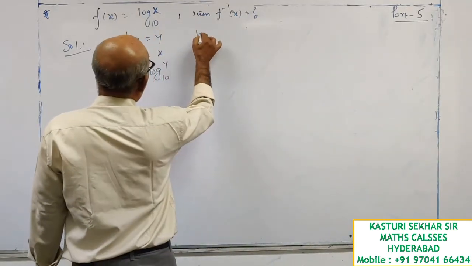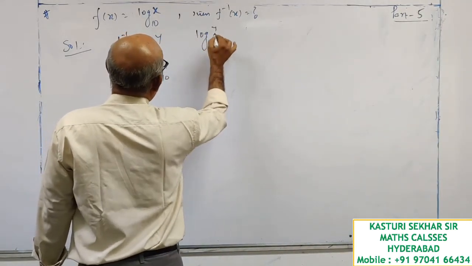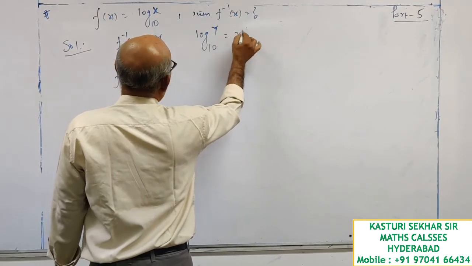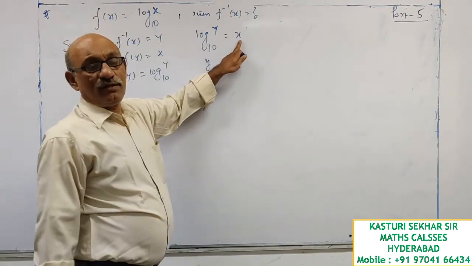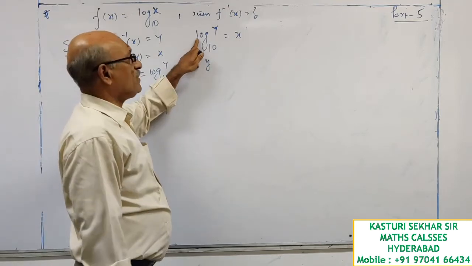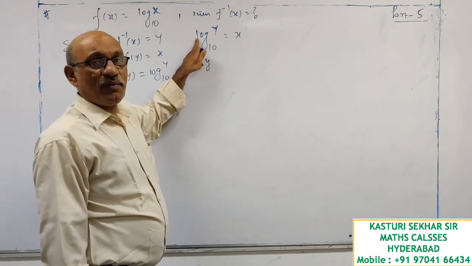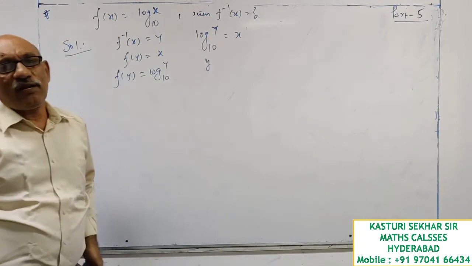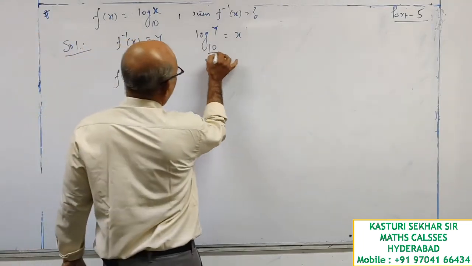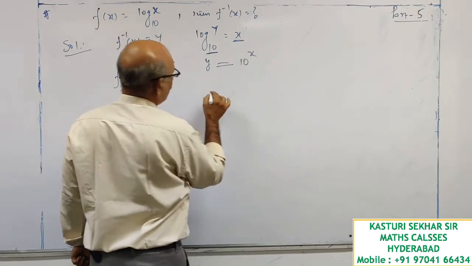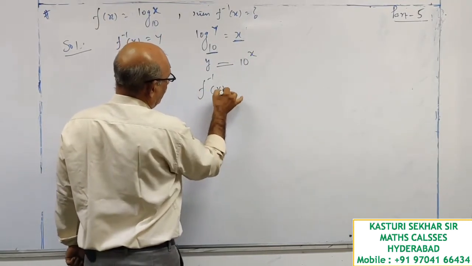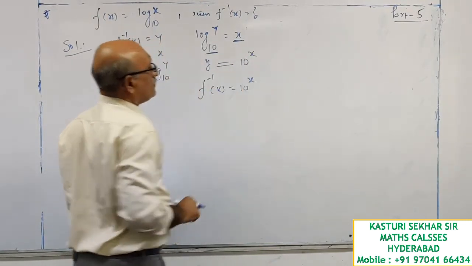Now, log y to the base 10 is equal to x. One side it is log, another side without log. So eliminate this log from the picture. When I eliminate log, this base will become the base of this number. Y is equal to 10 power x. Therefore, f inverse x is equal to 10 power x.